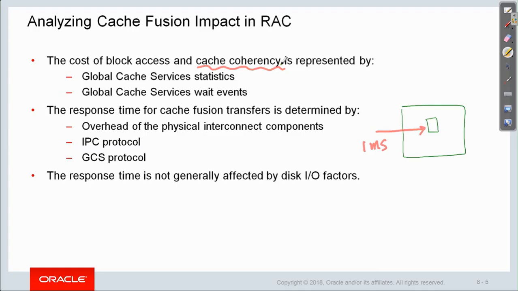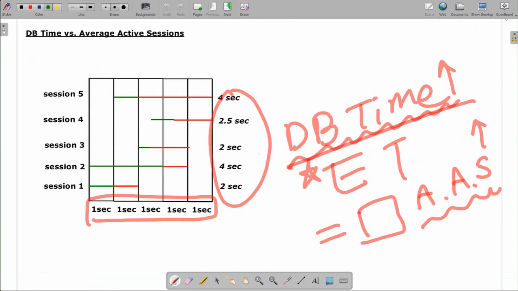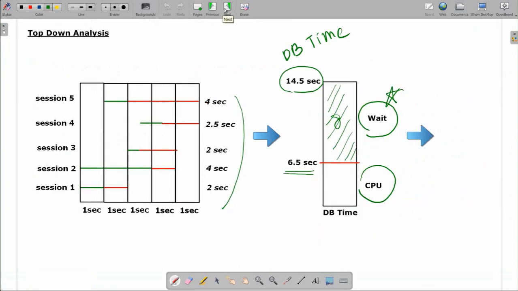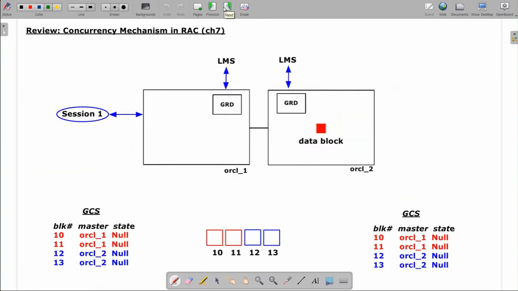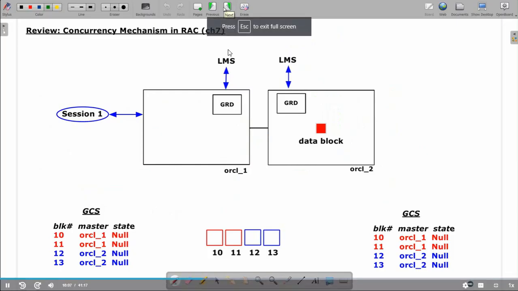Because there is more processing that must be completed to be able to access the database block. Yesterday, as a part of lesson 7, we had a discussion of the global cache service and also the global enqueue service. Your resource must be managed globally, and also concurrency must be managed globally. Because of that, there is a little bit of overhead, even though it is minimal. In lesson 7, we had this discussion, if you remember.